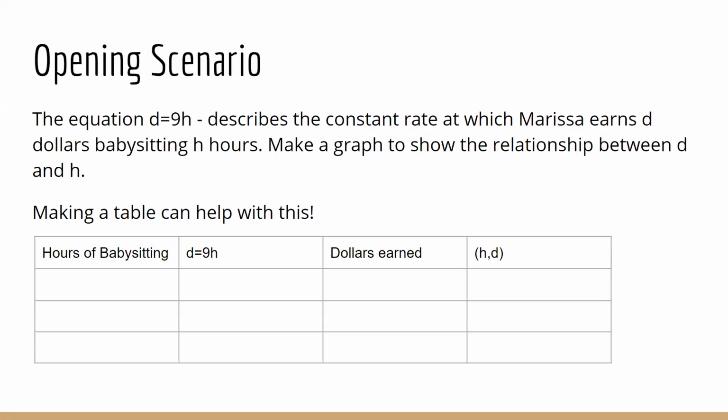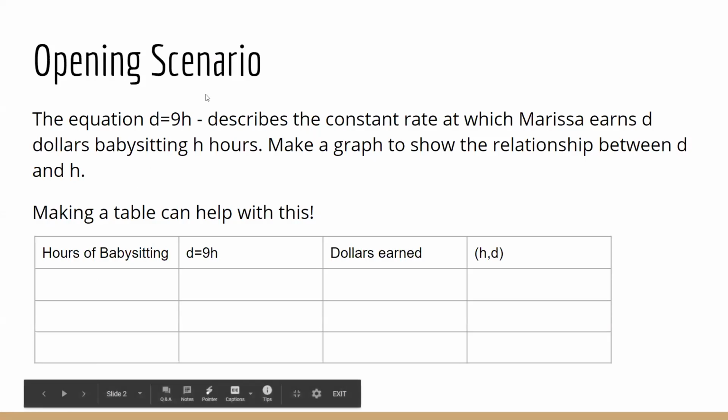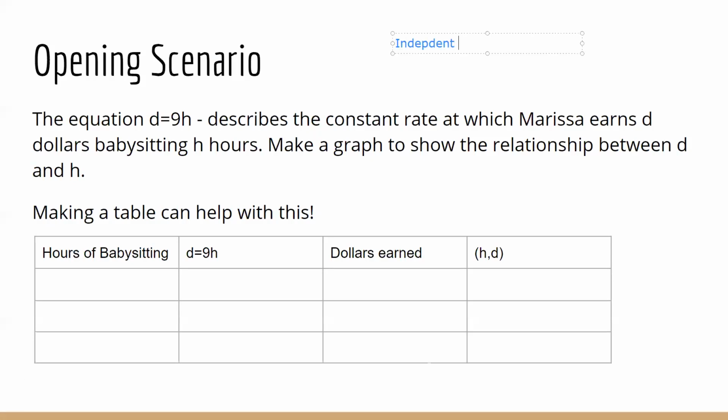So first of all, and I know it's not on the screen, but thinking about what would be the independent and the dependent variable. So the way that the equation is set up kind of helps you with that already. So the end result is going to be your dependent variable.